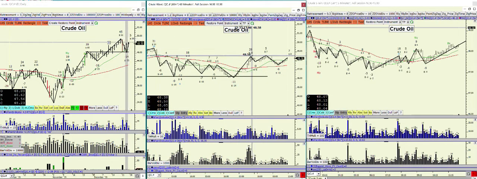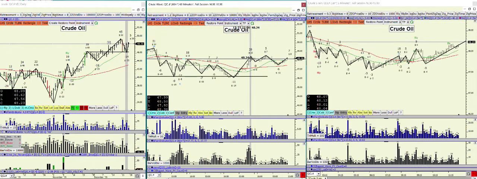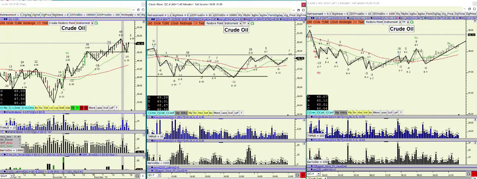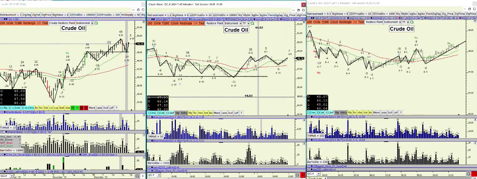When it reverses, good volume comes in. You can see that the volume here is bigger than the 1, 2, 3, 4, 5 waves.